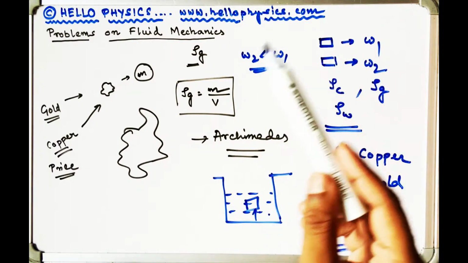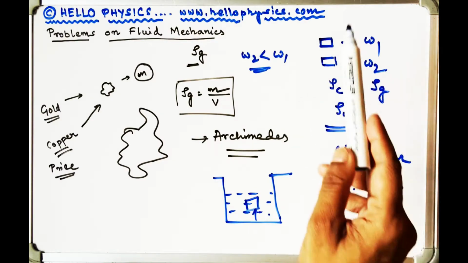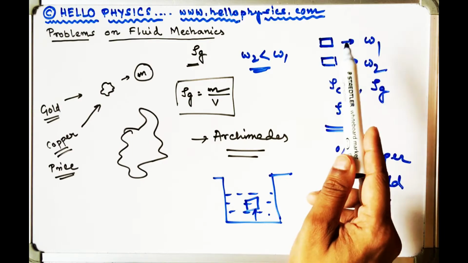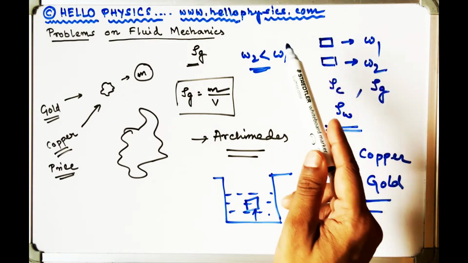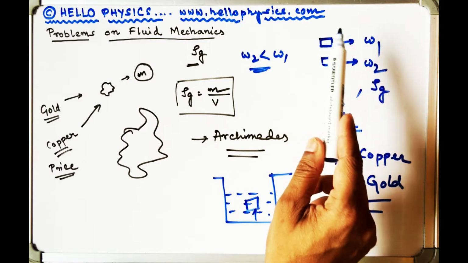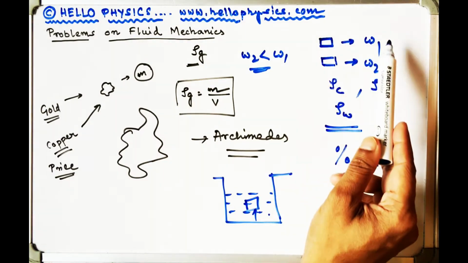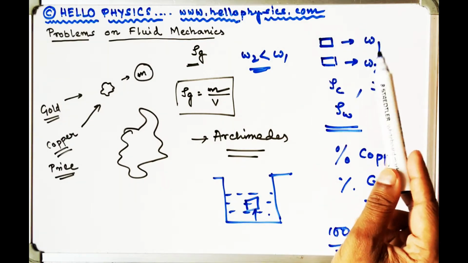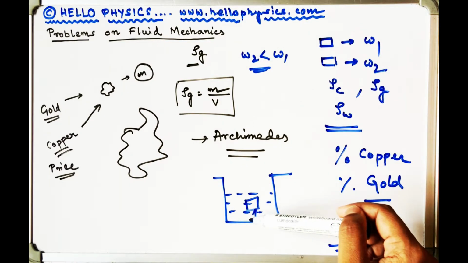Okay. So let me once again repeat the problem. We purchase an object made of gold. The jewelry shop owner claims that it is completely made of gold. So you measure the weight of this object in air. You see that the weight is W1. Then you measure the weight of this object inside a tank of water.